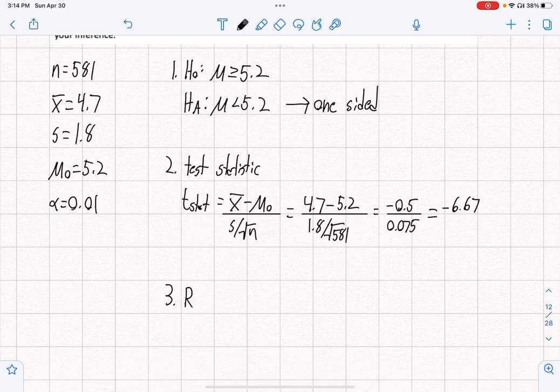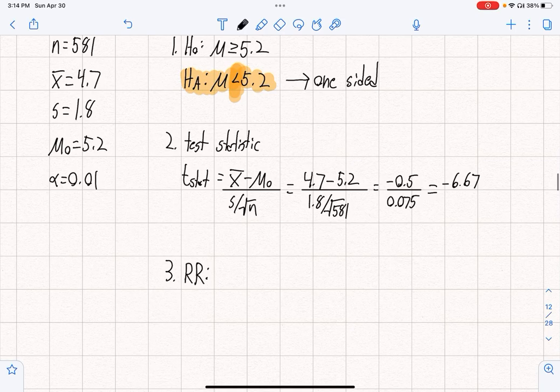Rejection region. Recall the rejection region follows from the alternative hypothesis. Note that this is a less than, which means our rejection region will be a less than. So we will have t-stat less than negative t with n minus 1 equal to 580 degrees of freedom, alpha 0.01.